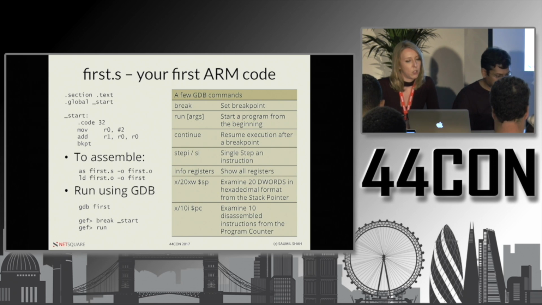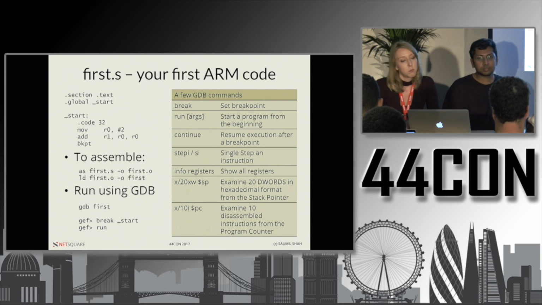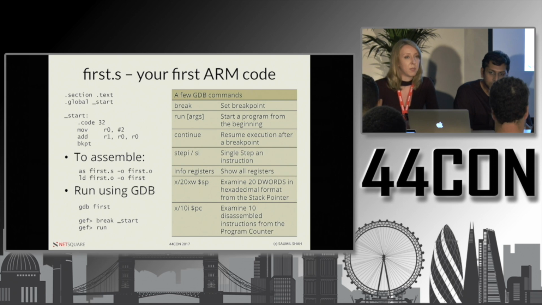So on the right, you see the basic commands that we will need in GDB. To set a breakpoint, you can write break start, or just b. Run, continue, or just c. You can use step i to step into an instruction, or next i for the next instruction.